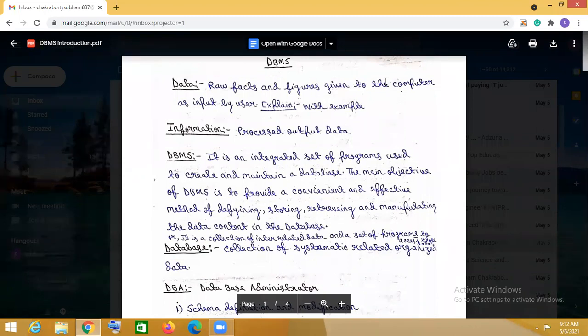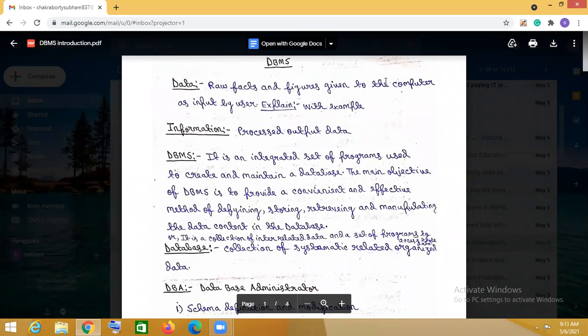Now we will know what is DBMS. DBMS is an integrated set of programs used to create and maintain a database. The main objective of the DBMS is to provide a convenient and effective method of defining, storing, retrieving, and manipulating the data content in the database.